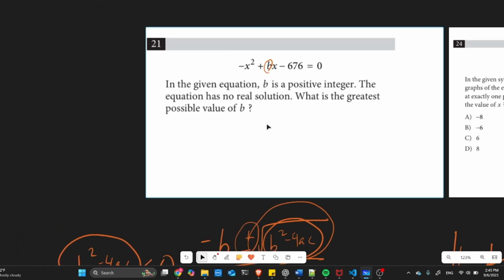Okay, so let's look at this real quick. And, okay, b is a positive number. The equation has no real solution. Okay, so b squared minus 4ac, so this is only the thing that's in the square root, is less than 0, right? So what is b here? Well, b is actually labeled b here, so b squared, right?